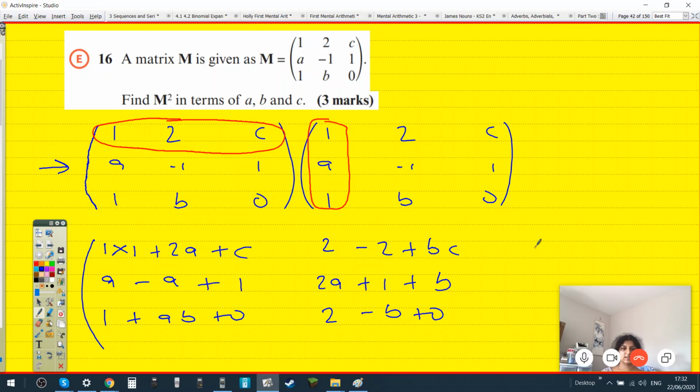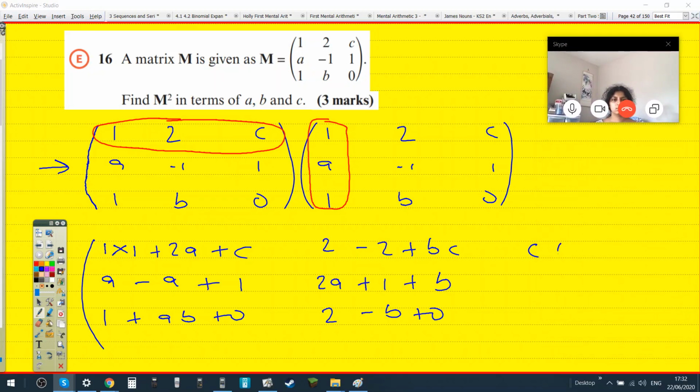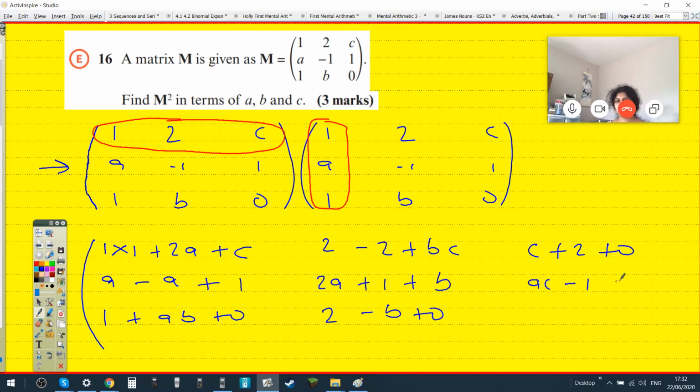And C plus 2 plus 0. AC minus 1 plus 0. And then C plus B plus 0.